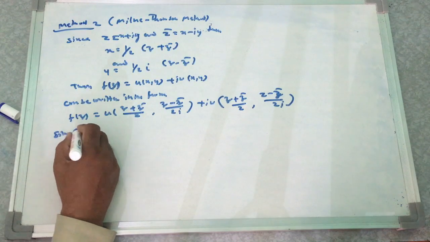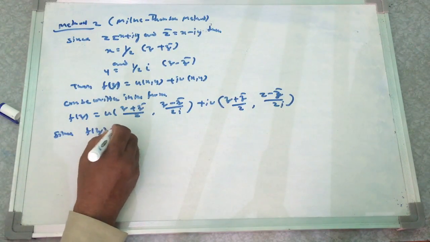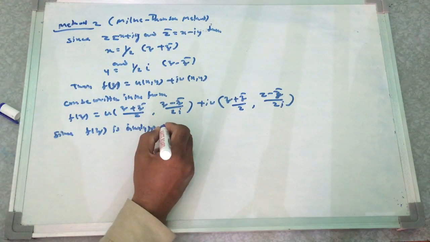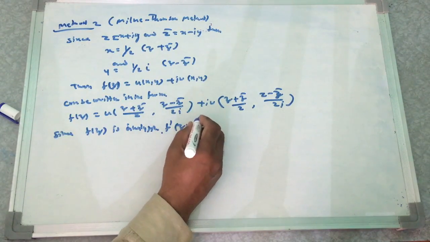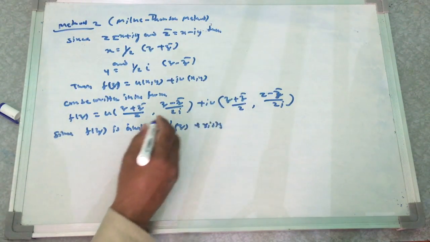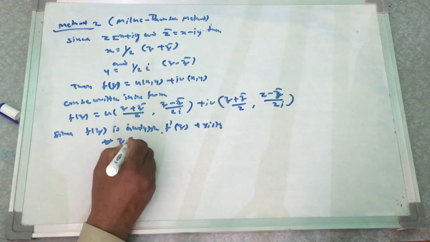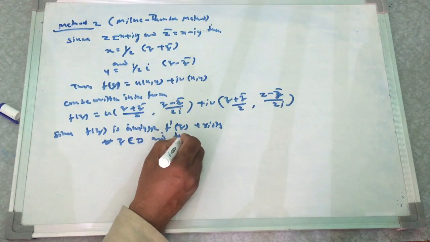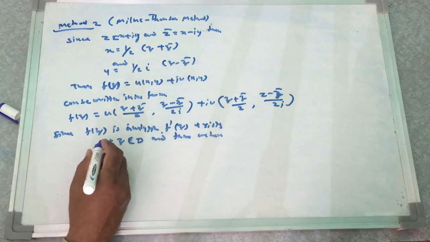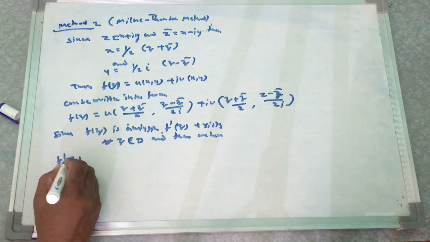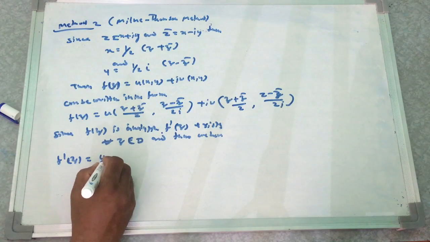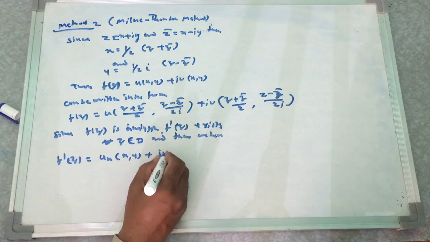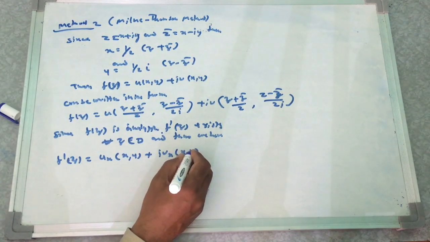So since f of z is analytic, f dash of z exists for all z belonging to D, and thus we have f dash of z is equal to u suffix x of x,y plus i v suffix x of x,y.